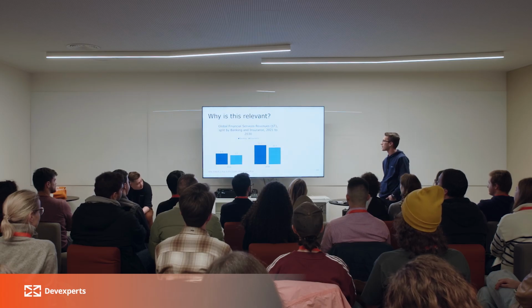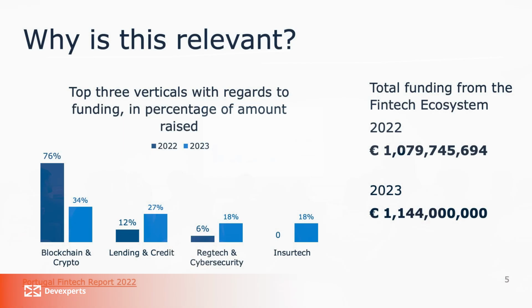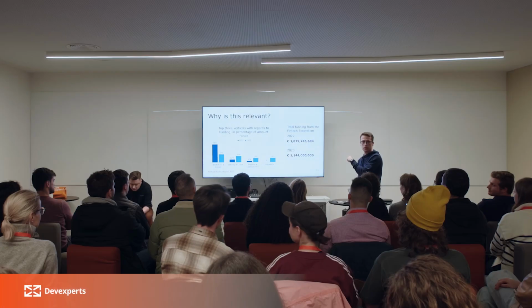It's a huge market. And if we check the Portuguese fintech market, we can see that the total funding of the fintech ecosystem is around 1 billion. And it's increasing 10% since last year. And the market is getting more diverse, but still most of the funding capital is allocated in blockchain and crypto.